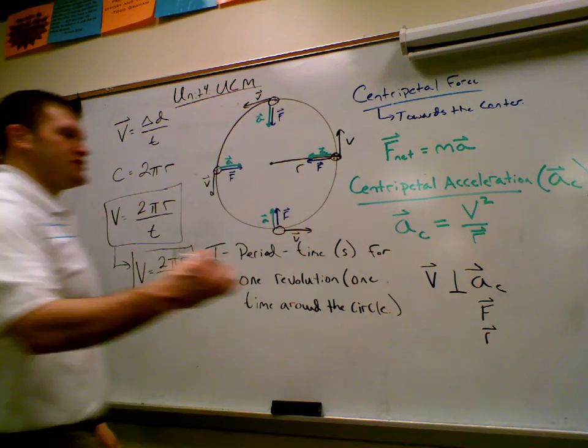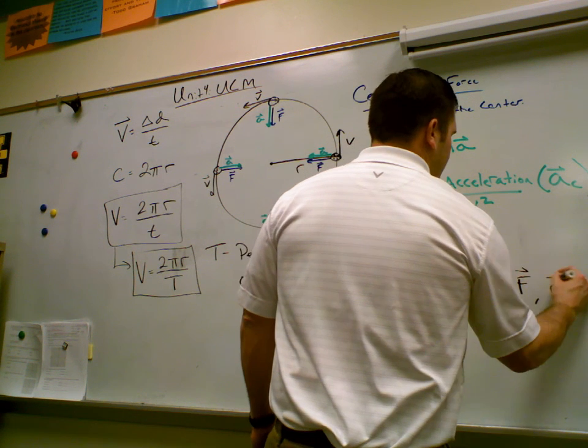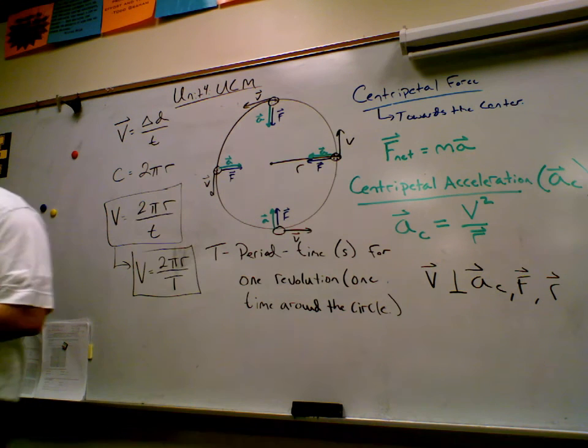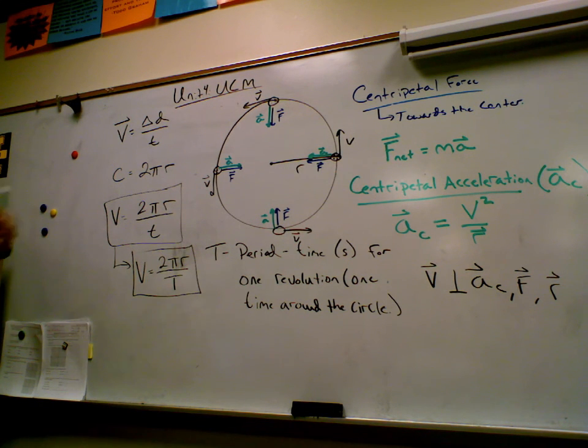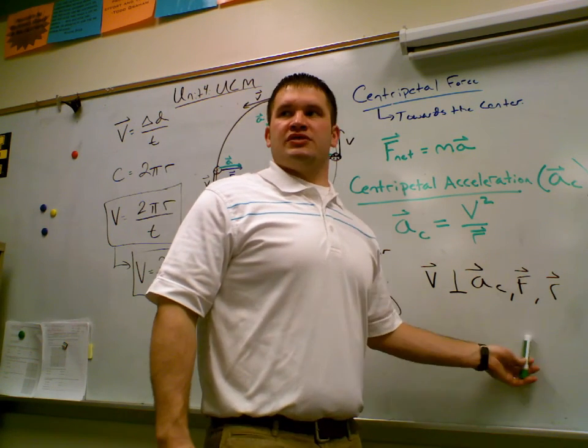You guys don't have unlimited space, so you can write like I do. So velocity is perpendicular to those three things always when we're going in uniform circular motion. And that's because these three things are always parallel.